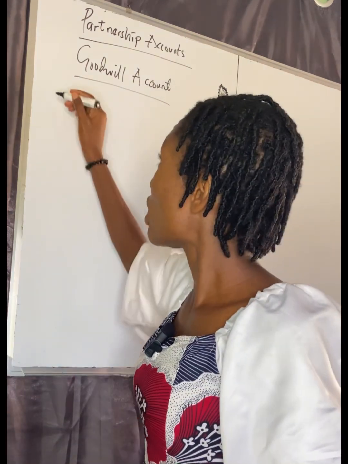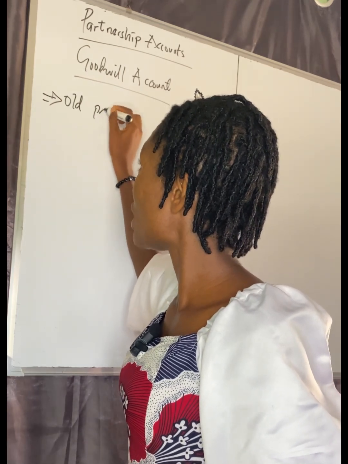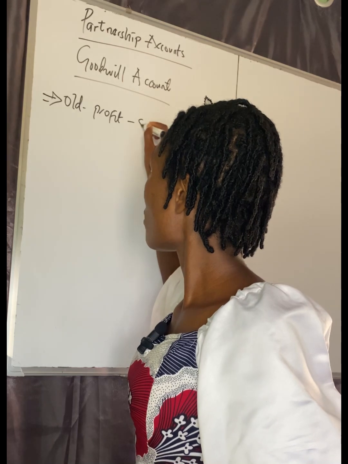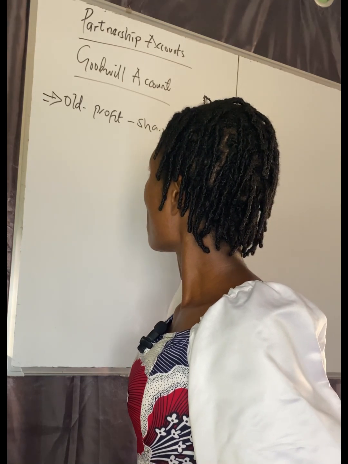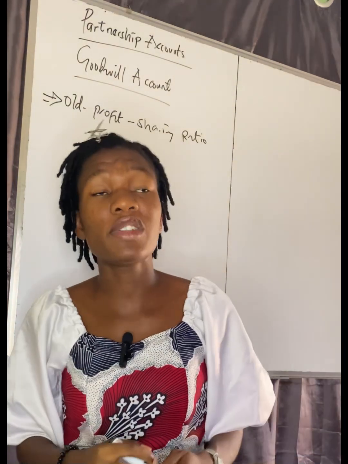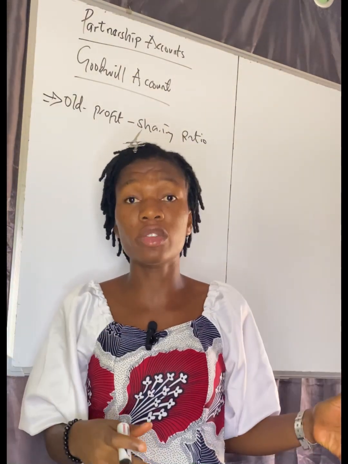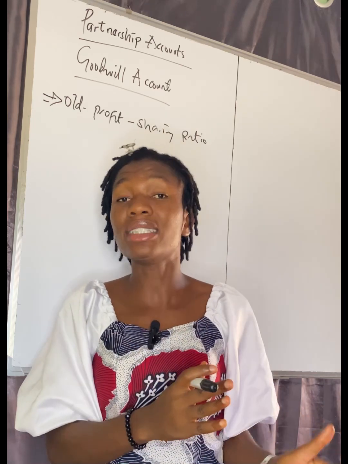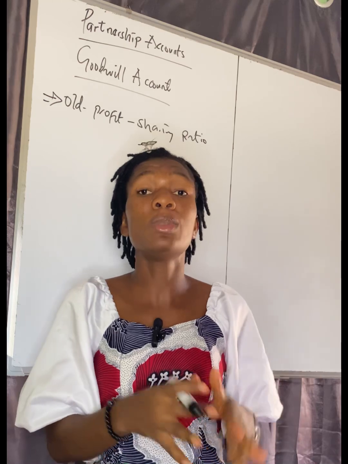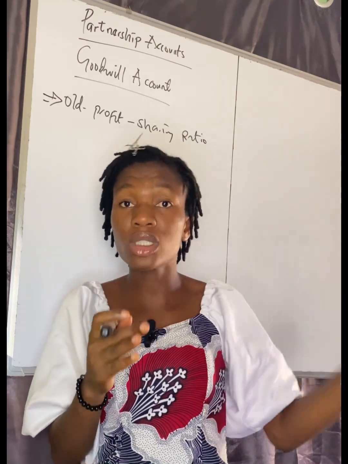Now when we want to work with goodwill, we have to look at the old profit sharing ratio. We'll be working with the old profit sharing ratio, and that's what we'll be using to divide the goodwill value among the previous partners, that is the old partners. We'll be dividing that goodwill because they are the ones that own that goodwill.